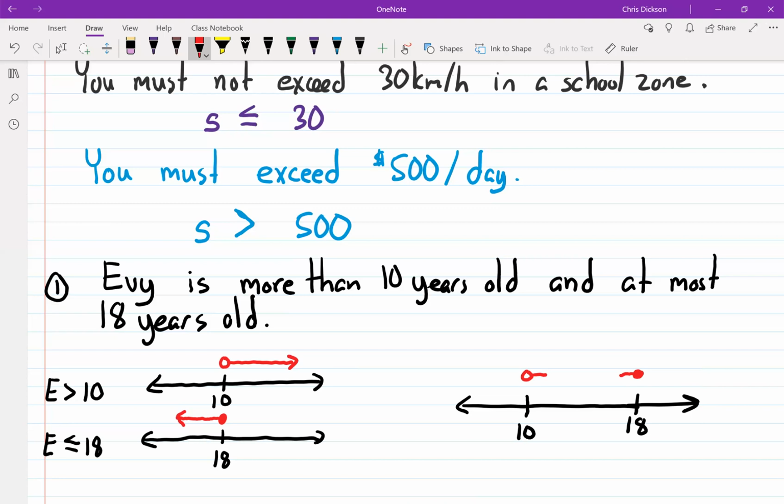And eventually what would happen is this would connect to there. So Evie is less than or equal to 18, but Evie is bigger than 10. So that's how we can put two statements on the same number line.